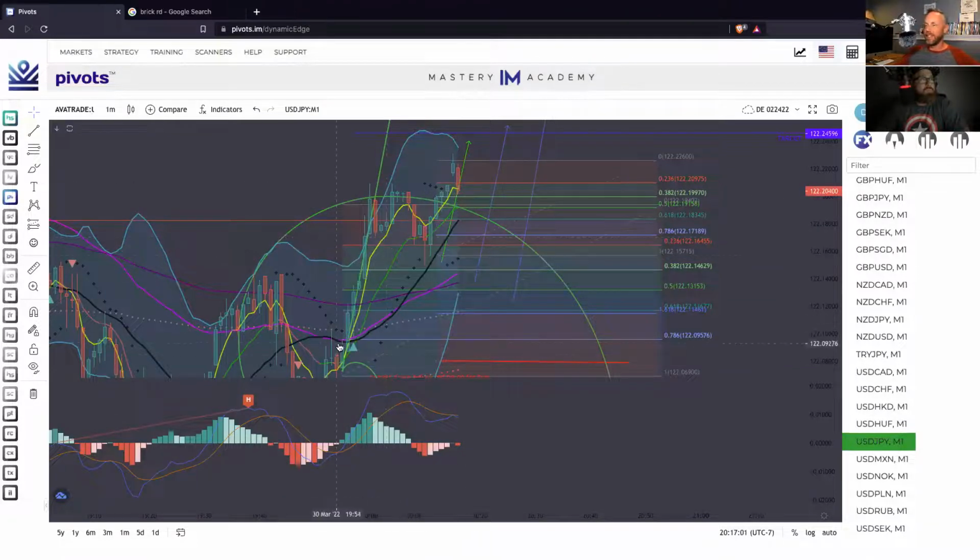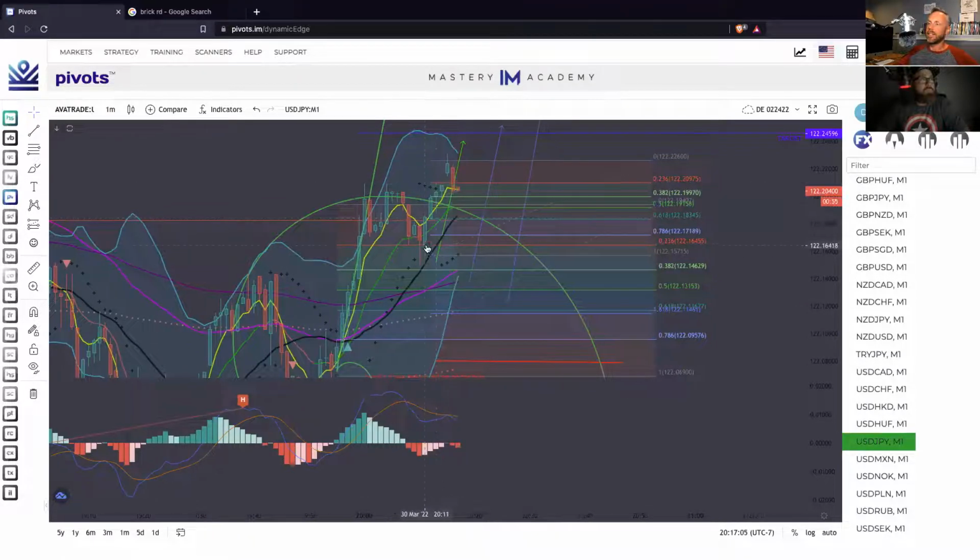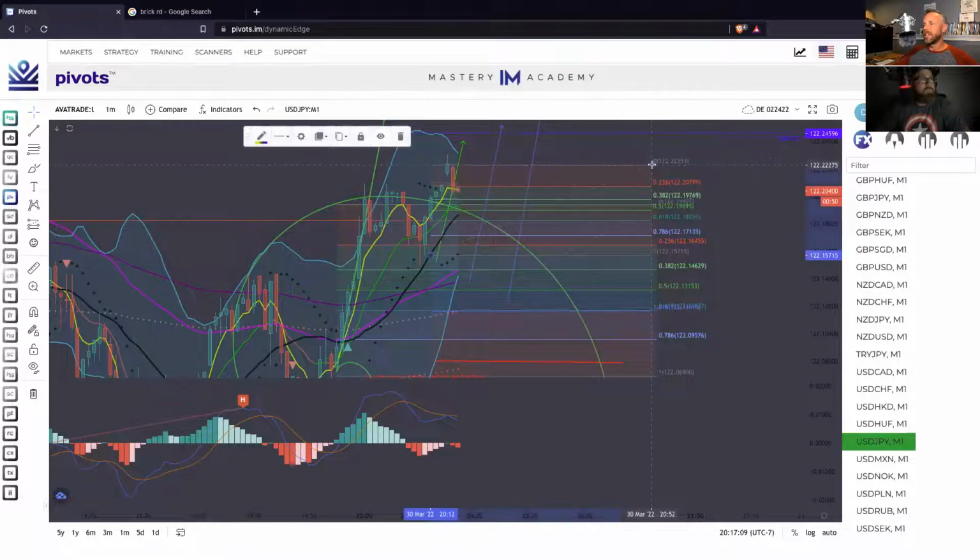Like we drew up this one, and then we drew up this other one. See how there's this run here? And I drew it just up to the top of the wick of that red candle. Look at where it's come down to. 382 again. Crazy. Why don't you delete the bigger fib just so we can see the smaller one?